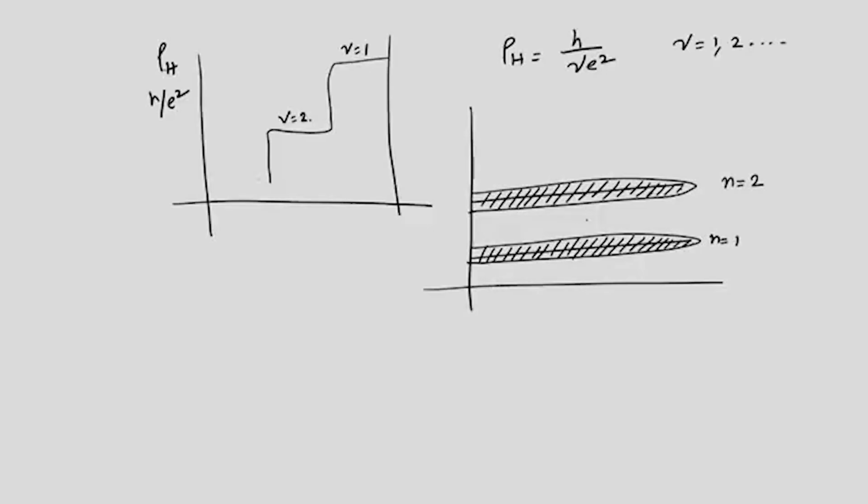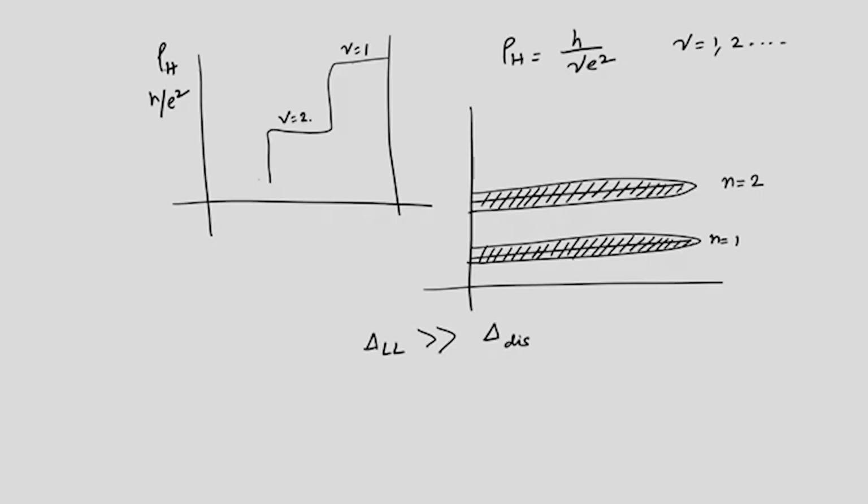It's not completely lifted, that is, these 2 Landau levels, n equal to 1 and n equal to 2, will never merge, and this delta LL should always be much greater than the disorder energy strength, or the energy scale associated with disorder. So they are still well separated, except that they have broadened a little.